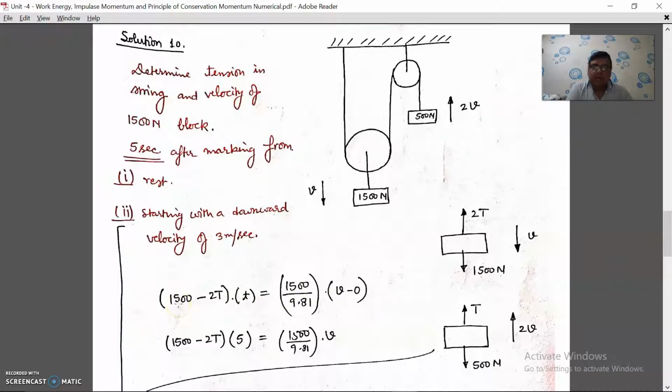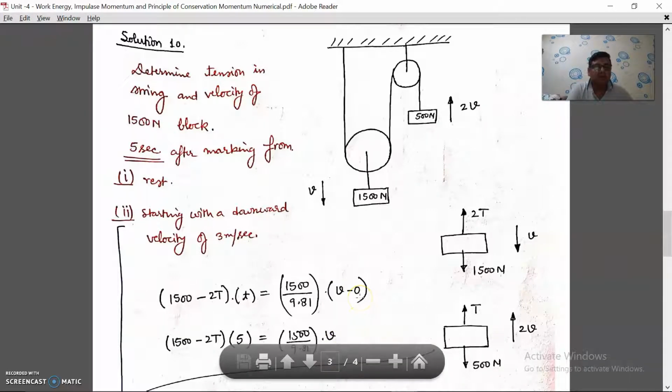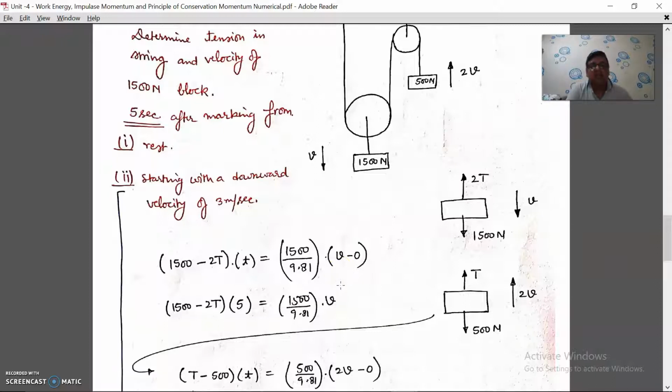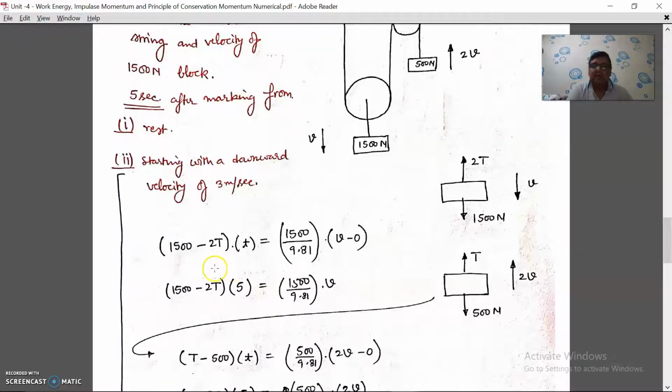Using that principle, we applied resultant force multiplied by time t is equal to mv minus mu, and since for the first case it is starting from rest, we have taken 0 here, and v is the final velocity that I still need to calculate.